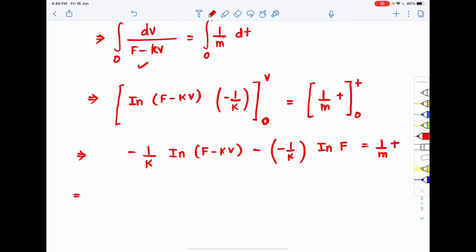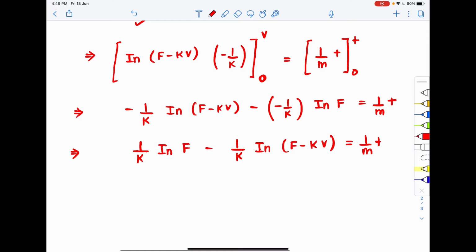From here we can write that 1 by k ln F minus 1 by k ln of F minus kv is equal to 1 by M times t.